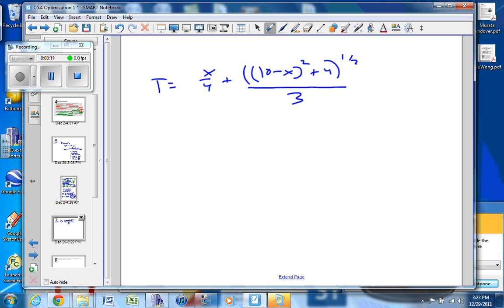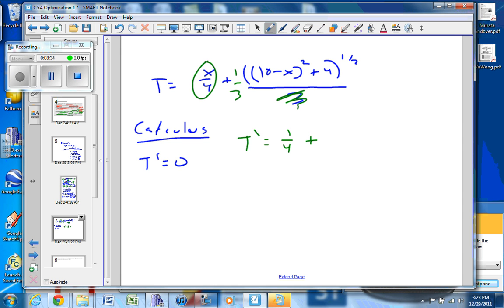If I wanted to do the same thing using calculus, we need to see when my derivative equals 0. So my derivative function is going to be, well, the derivative of the first term is just 1/4. And then the derivative of this, it's kind of ugly, so let's start off by writing it like that, 1/3 in front. The power drops down, so times 1/2. And I think I'm going to write it on another line.